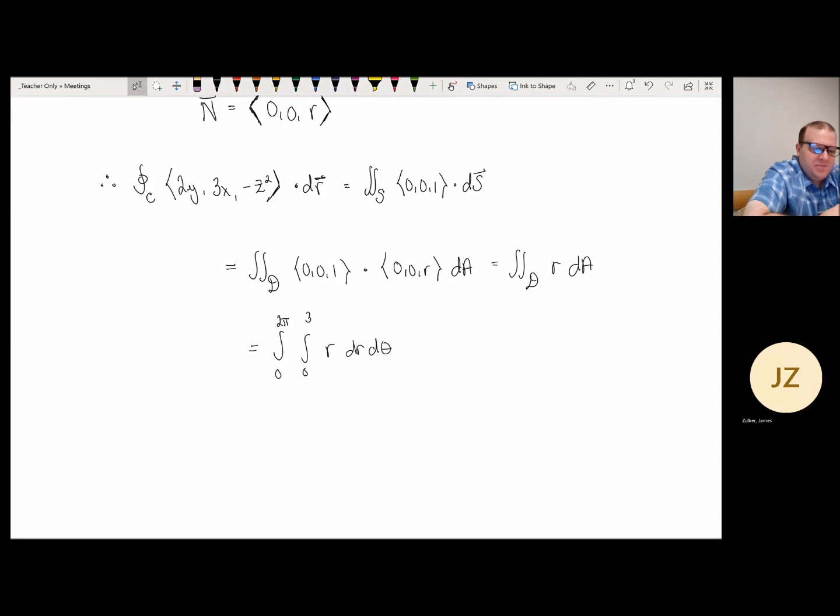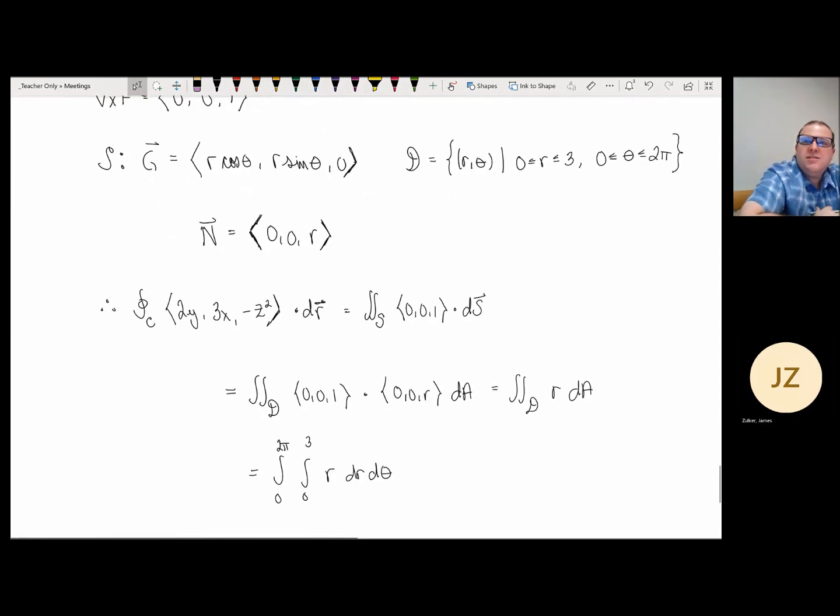What do you mean you're not changing to polar? I'm not converting this to polar coordinates. No, that's my parameterization. It's just how I parameterized it, so it's not a conversion into polar.